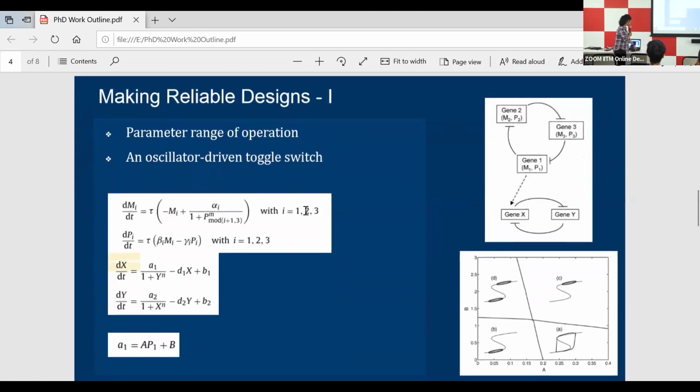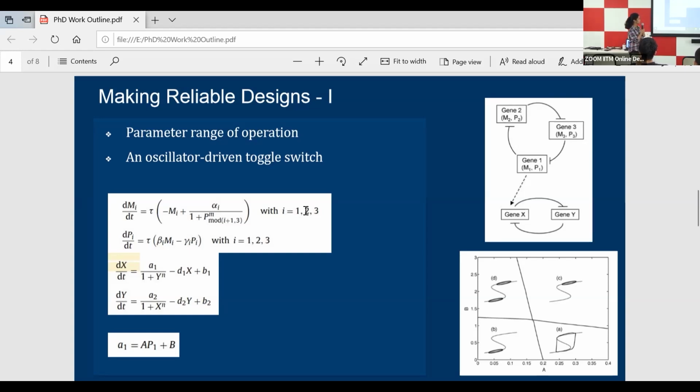Now, we are always in doubt whether a circuit which is in blueprint form will work out. So there are some methods to check the reliability of the designs. One of them is parameter-dependent effects. When I write the ODEs with Hill kinetics, I will have a lot of parameters like the protein degradation rates, the molecular degradation rates, the Hill coefficient and all that.